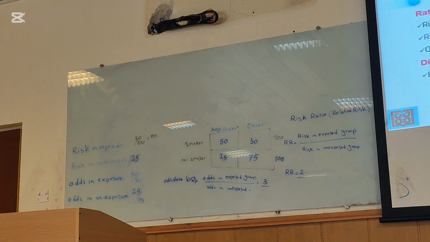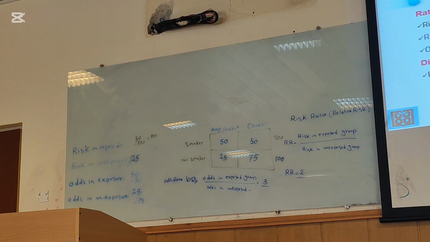It's clear. Okay. As I said, we have two approaches to assess an association between two factors, exposure and outcome. The first approach is ratio, and another is difference. Based on ratio, we have some indices, including risk ratio and odds ratio. Rate ratio is a very important indicator, but right now it's out of our scope, and I'm not going to talk about rate ratio.